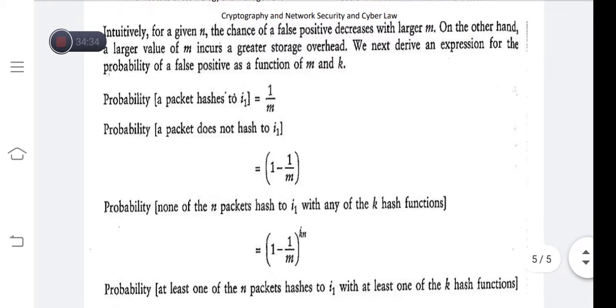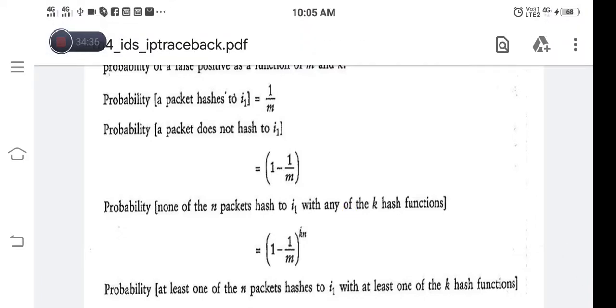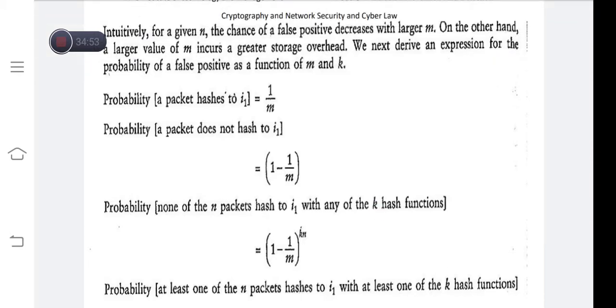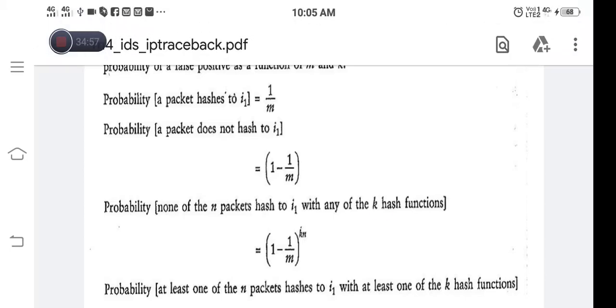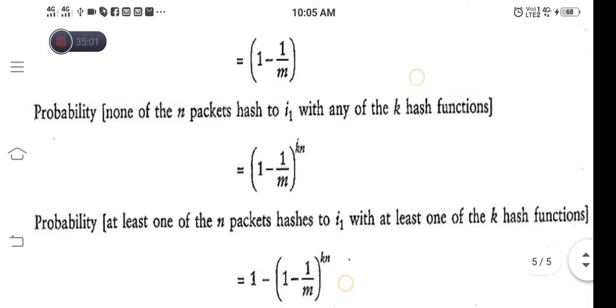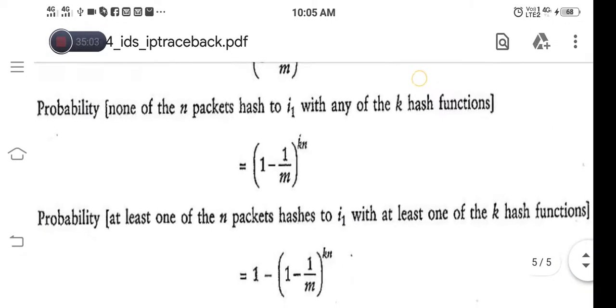Now the probability that none of the n packets hashes to I1 with any of the k hash functions, because we are making use of many hash functions, which is k. So with respect to each hash function, if none of the packets hash into the index I1, it is 1 minus 1 by m to the power kn.